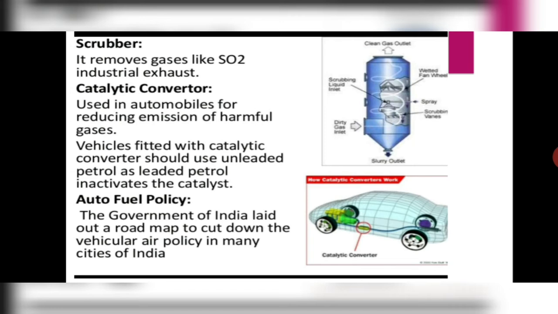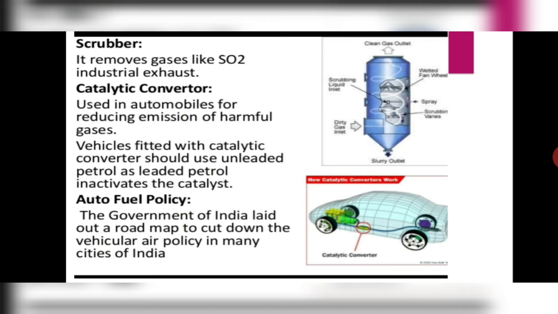The next device that we have to study is catalytic converter. Catalytic converters are the device used in automobiles for reducing emission of harmful gases. They use catalytic plates of platinum, palladium and rhodium as catalysts. As the exhaust emission passes through the catalytic converter, the nitric oxide splits into nitrogen and oxygen, not harmful. Carbon monoxide is oxidized to carbon dioxide, again not harmful.